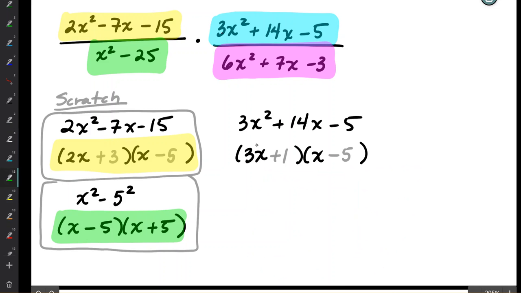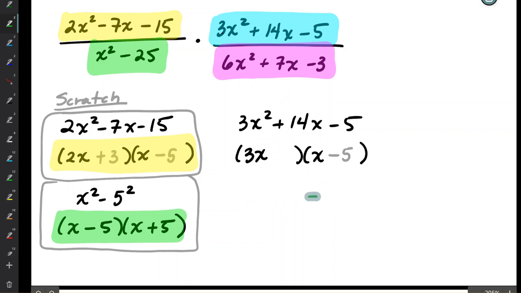All right, so 3x times a minus 5 would be minus 15x plus a 1x, and that doesn't add up to positive 14x, but it adds up to negative 14x, so I'm super, super close.